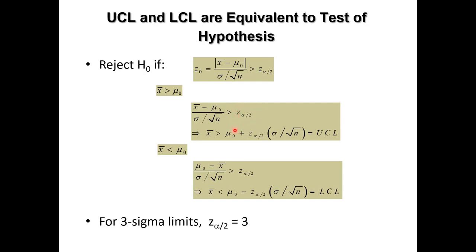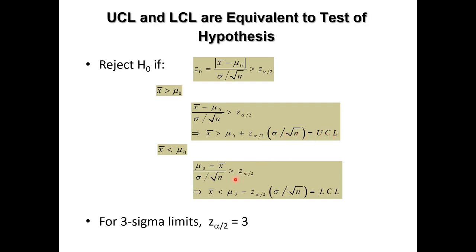If you find out that your X bar, your sample mean value, is larger than the mean plus Z score times standard error, which is the upper control limit, then you're going to reject the null hypothesis.